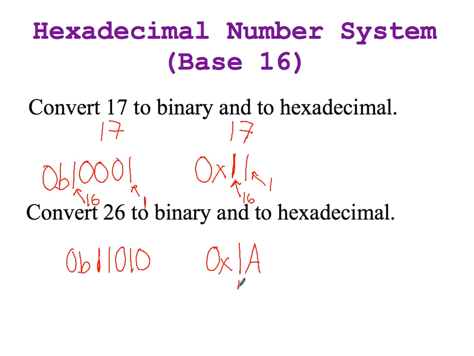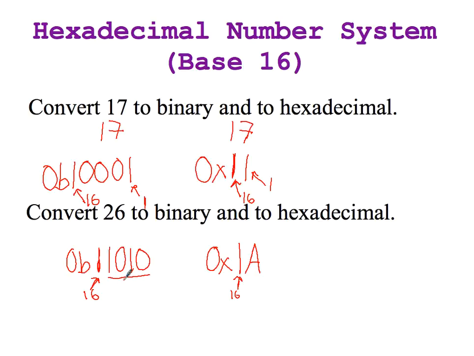Well, this 1 is a 16, just like this 1 is a 16. But here where I have A, I've got 4 binary digits that represent that. Well, what are these 4 digits? Well, 0 is 0. This 1 is in the 2's place, 0 for the 4s, and 1 for the 8.